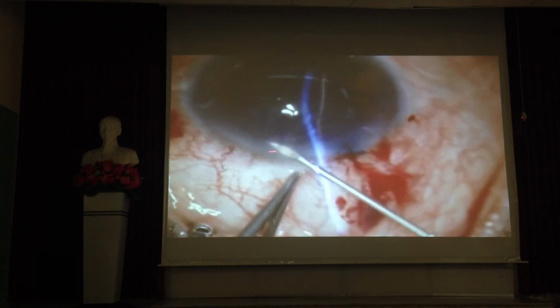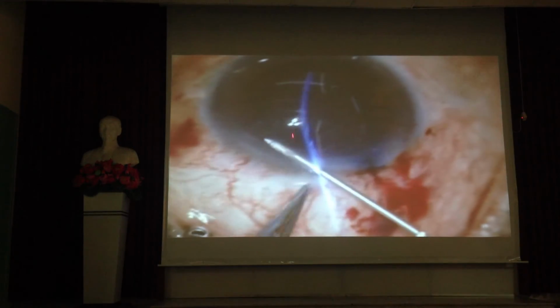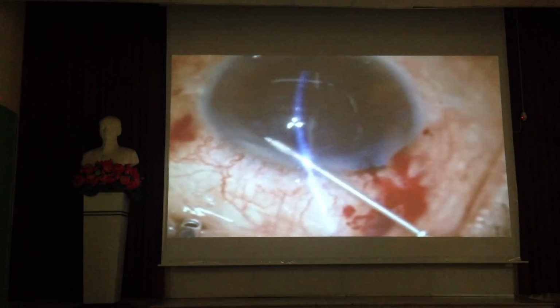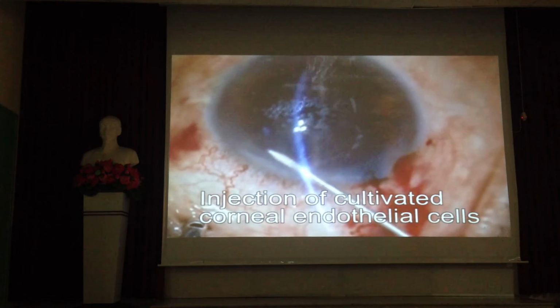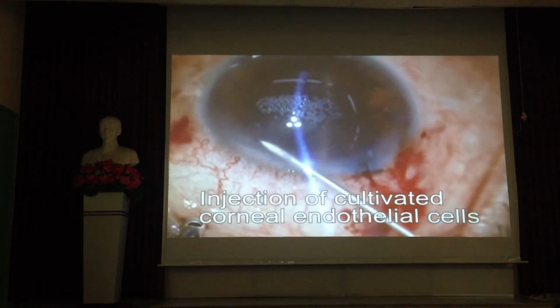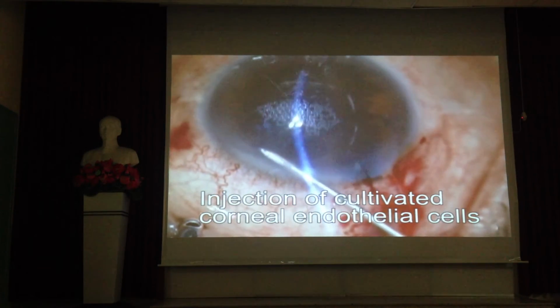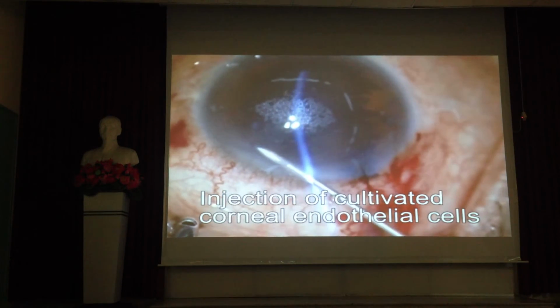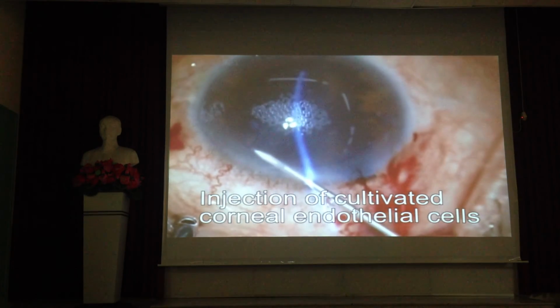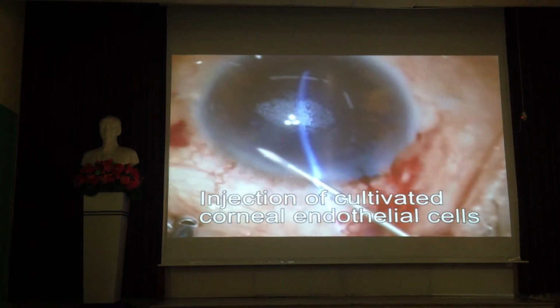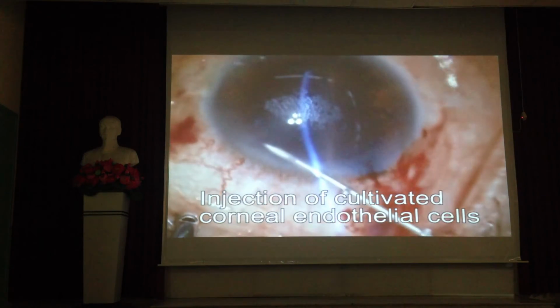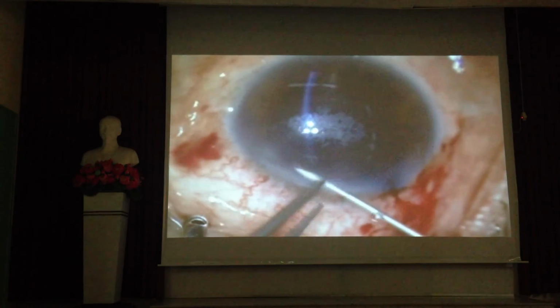This is a 25 gauge needle. You can see the total amount is 300 microliters of the solution. And immediately after the injection, the patient is supposed to hold the face-down position.